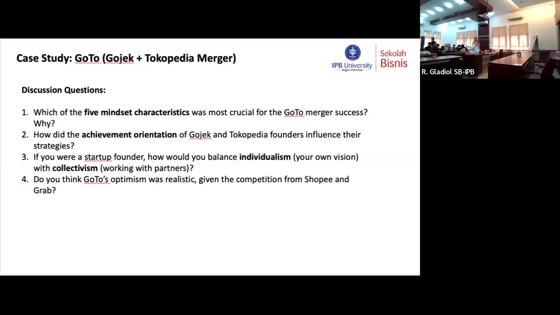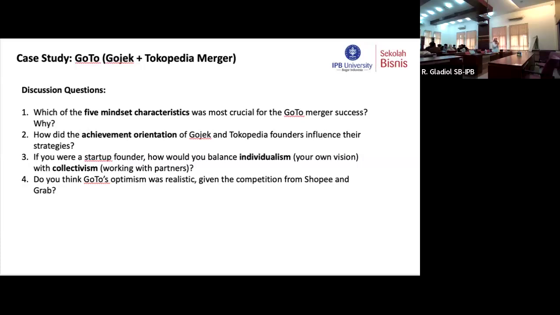Okay, so before doing some kind of strategy, you know the goals, you know how to collaborate, you know the external factors that will affect you, and so on. Okay, good. Please give the microphone to the first group, and please answer number 4. Who wants to answer? For number 4, do you think GoTo's optimism was realistic given the competition from Shopee and Grab?